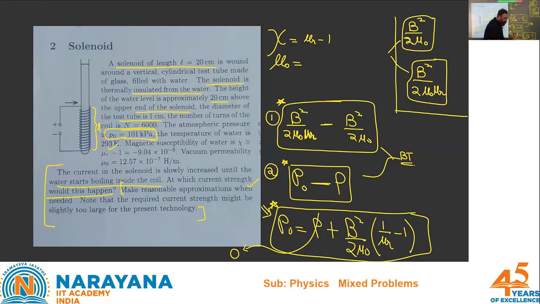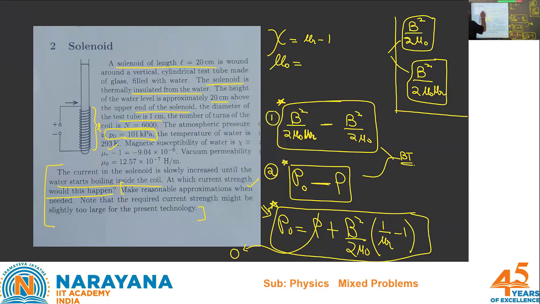So whatever is the change in the magnetic energy per unit volume, that gets compensated by the pressure energy per unit volume. So my equation which comes out here is P naught is equal to B square by 2 mu naught into 1 by mu r minus 1. Now there are calculation assumptions. I'll try to write them here.